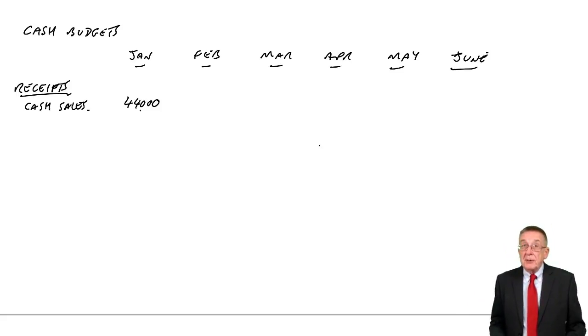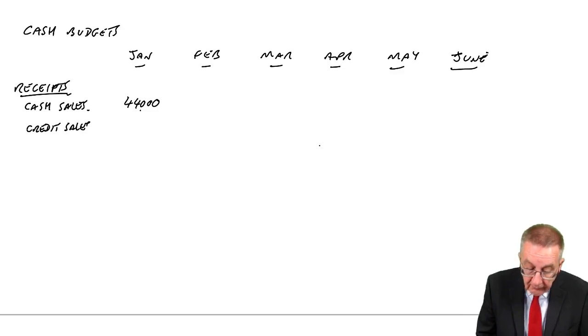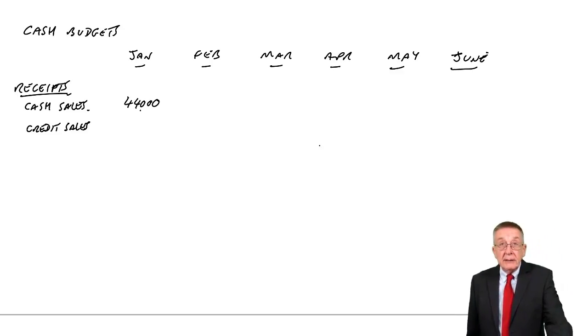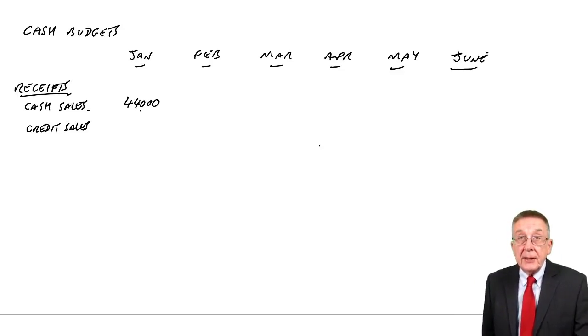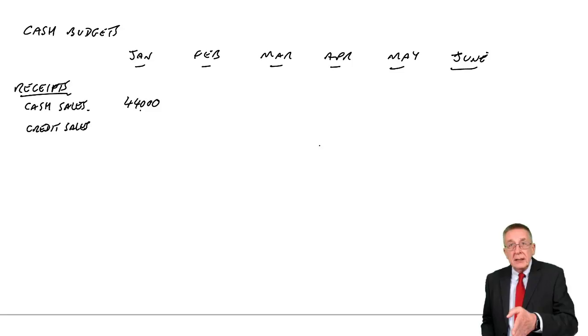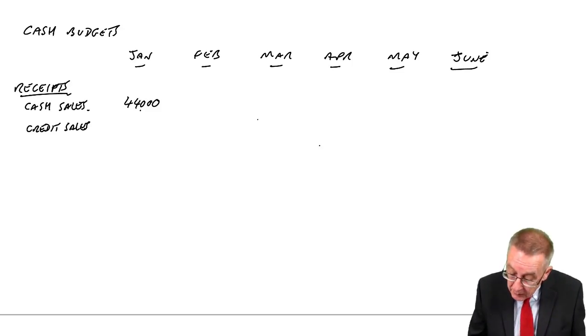The rest of January's sales are on credit. So the other 60% of 110, 66,000, are on credit. Well, we sell them in January, but we get the cash 2 months later. We'll get the cash in March.